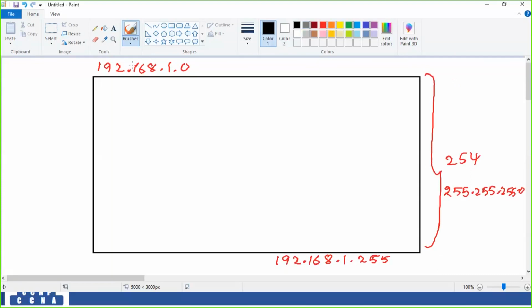So what is 192.168.1.0? What do we call this? Network ID. 1.255 is the Broadcast ID, and 254 are usable IPs.